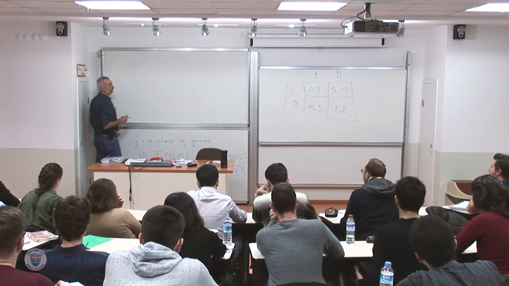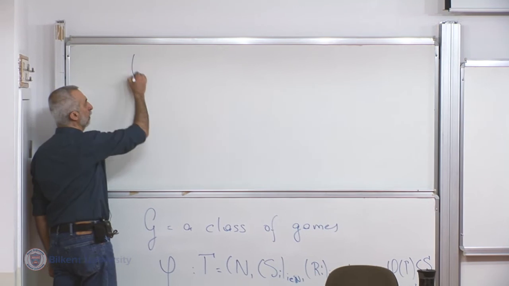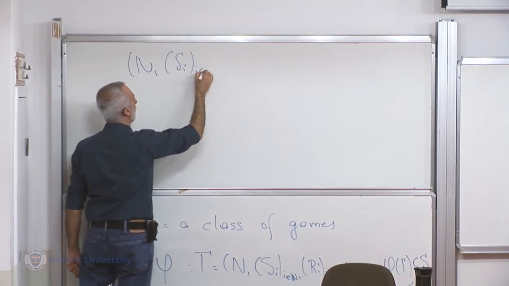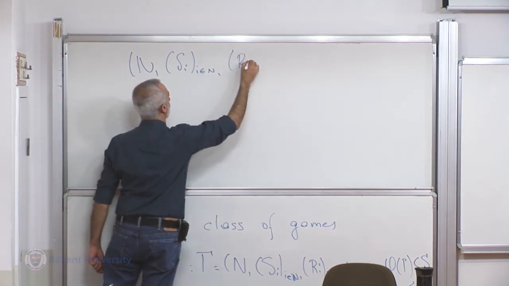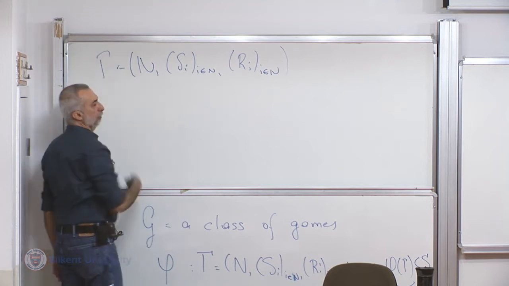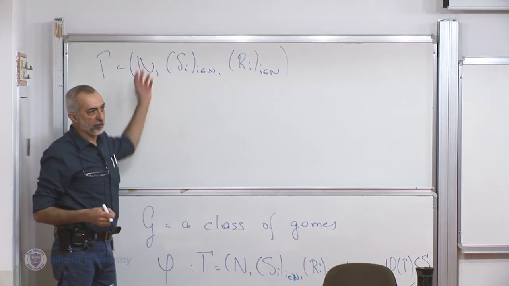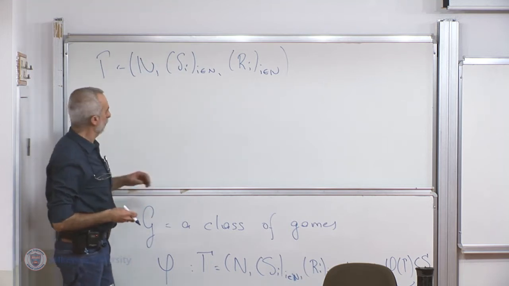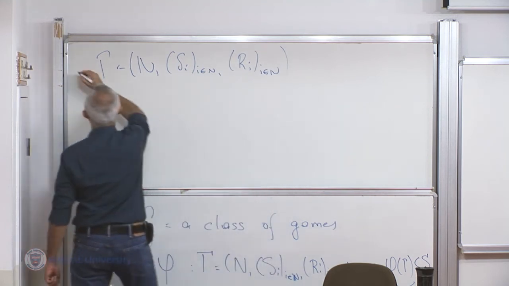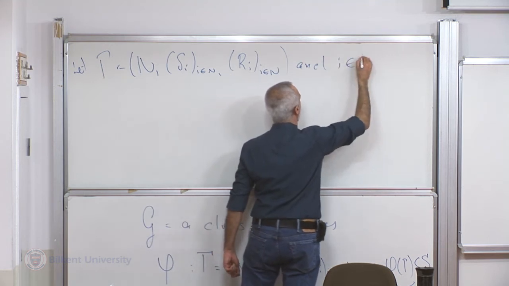Okay. Normally every definition I give should start with: let N, S_i, u_i be a strategic form game. From now on, I'm not going to write that, but every definition should start like this. So let gamma be this game, and i a player of this game.